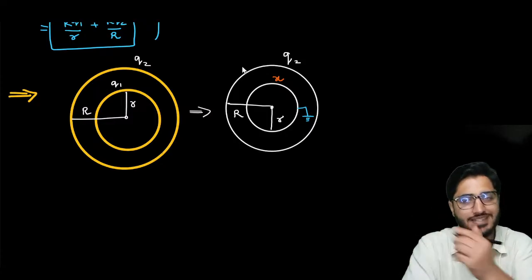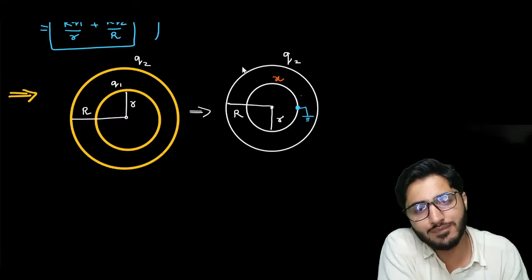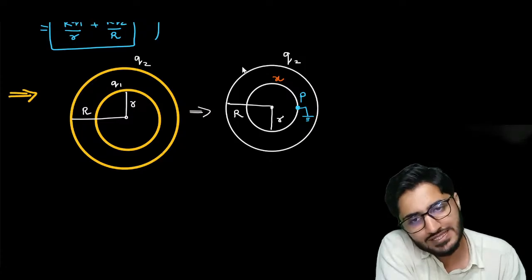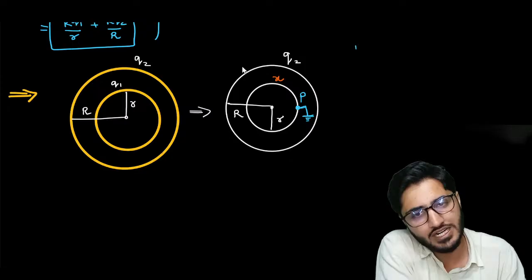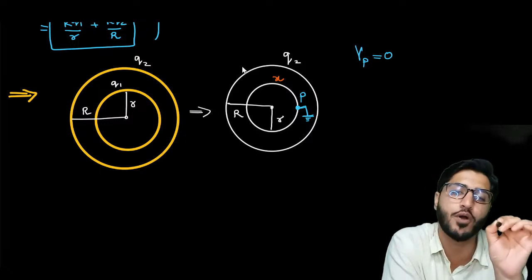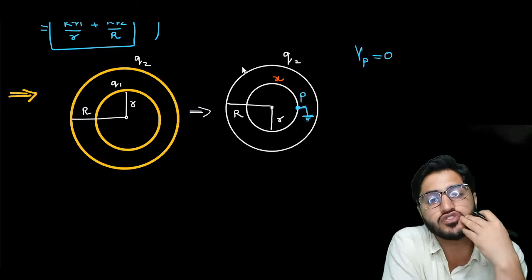Let us take this point as point P. As you can see, we have touched it with the ground. That means the potential at P will be equal to 0. Why? Because we have connected the point P with the ground. Ground potential is 0, so the potential of P is also 0.